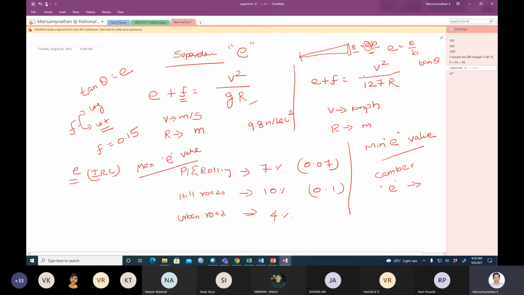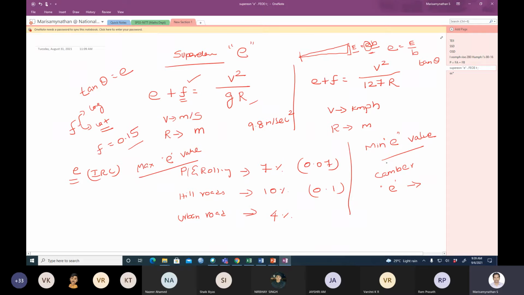Also, F is the coefficient of lateral friction, which has a limit of 0.15. Also, the super elevation has different maximum values for plain and rolling terrain, hilly roads, and urban roads.